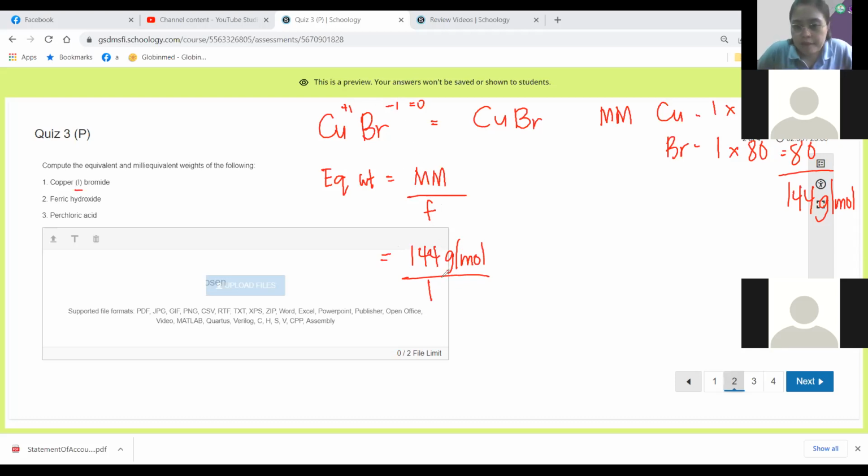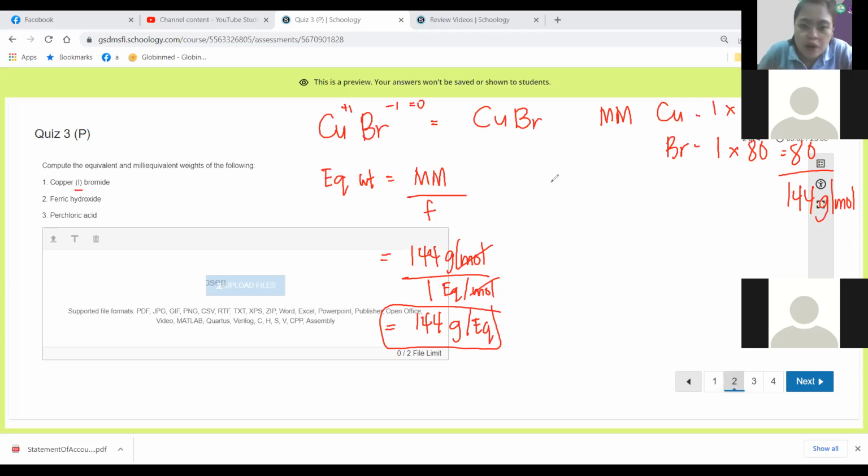Now for the unit, I think I have given this. This is equivalent per mole. That's the unit of F for the equivalent weight. And then you have to cancel the mole. You will be left with grams per equivalent. So 144 divided by 1 is 144. The unit is grams per equivalent. So this is the correct answer for the first one.